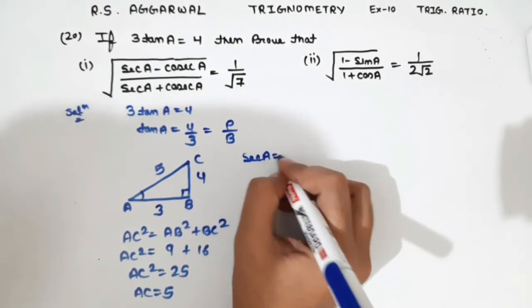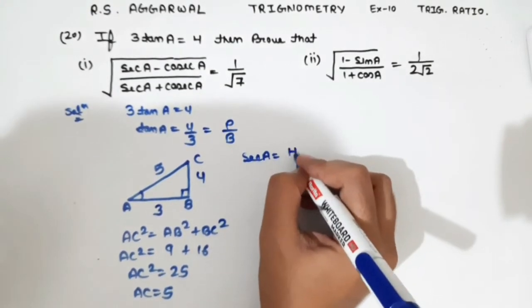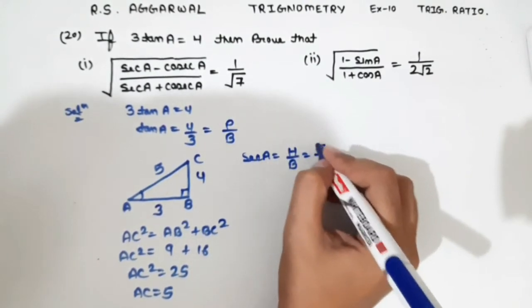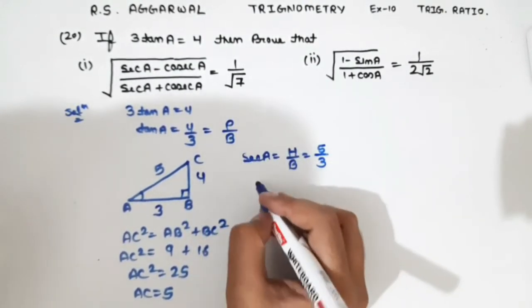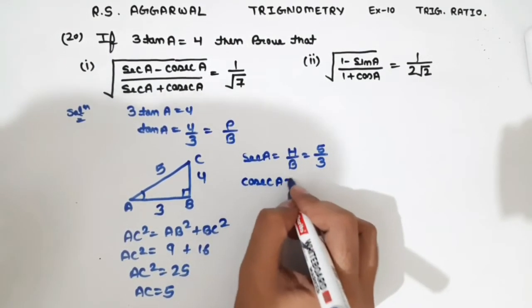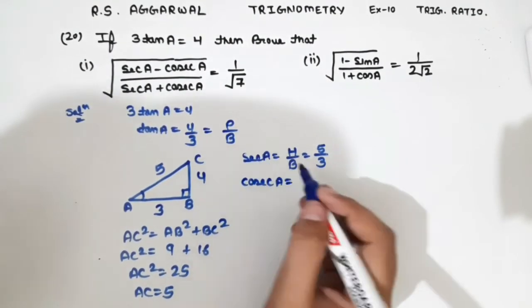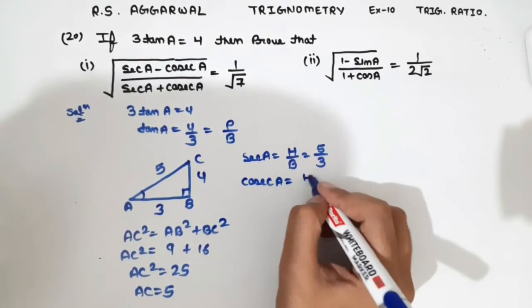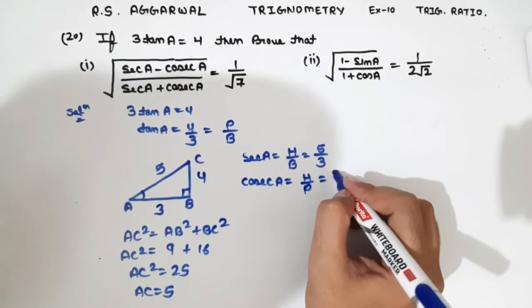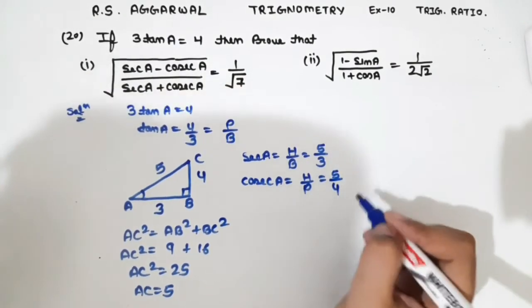So in triangle ABC, the value of sec A will be given by hypotenuse upon base, that is hypotenuse is 5 and base is 3, and cosec A will be given by hypotenuse upon perpendicular, that is 5 upon 4.